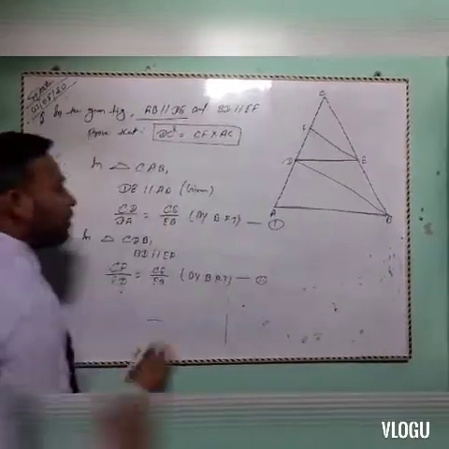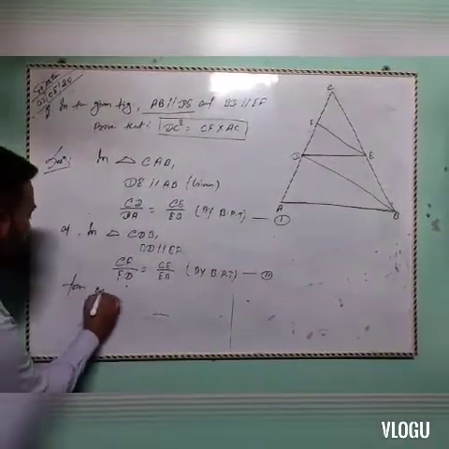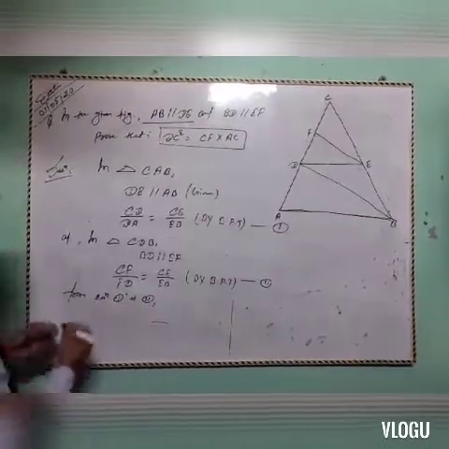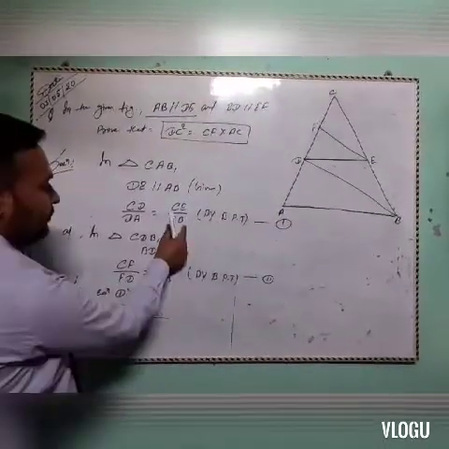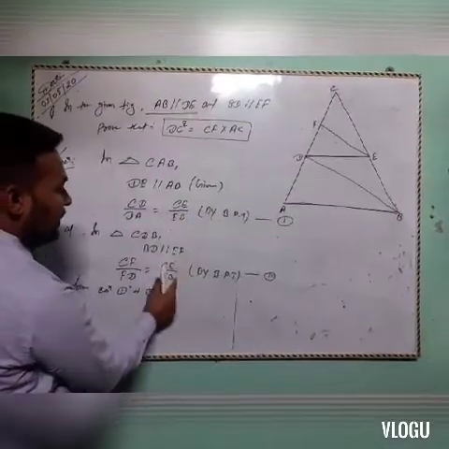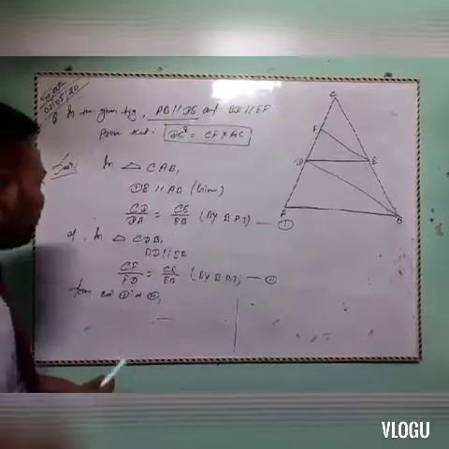Equation second. From equation 1 and 2 we get CE by EB and CE by EB, RHS is equal, then we say that LHS is also equal.